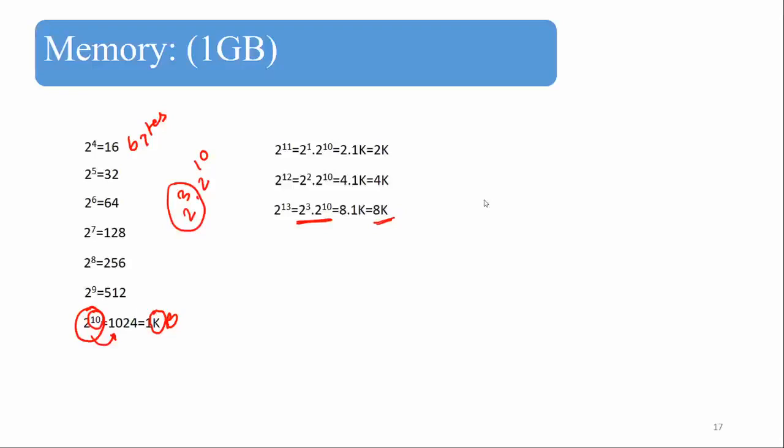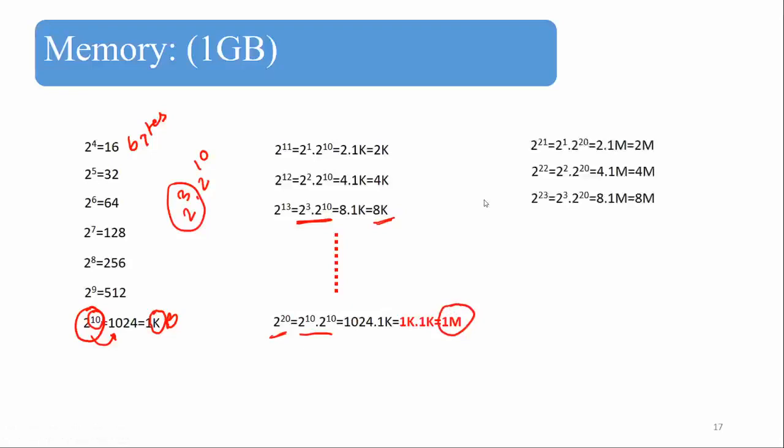Keep responding, okay? Whenever we reach 2 to the power 20, it is increasing each time, 11, 12, 13, then whenever it comes to 20, it is 2 to the power 10 times 2 to the power 10, we call it 1 megabyte of memory. Yes, sir. Again, the same thing: whenever you go to 2 to the power 30, that means 1 gigabyte.